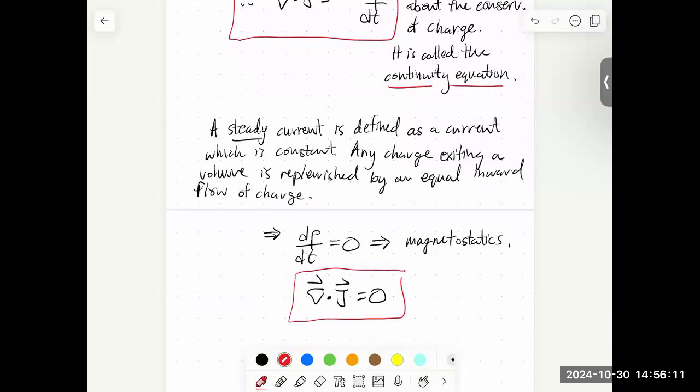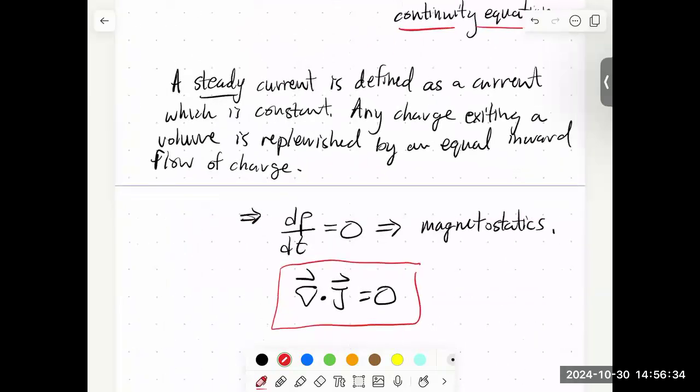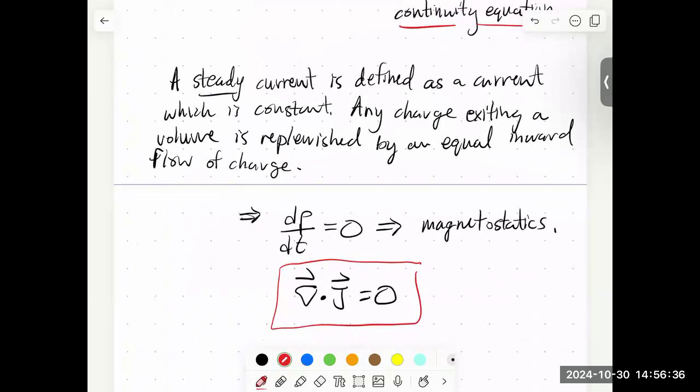All right, so that was one of the results that I wanted to get. I want to do one other thing. I was going to do an example as well, but we may not be able to do that example today. We'll see. So far, the only thing that we've talked about quantitatively is the forces on moving charge or current in a magnetic field.